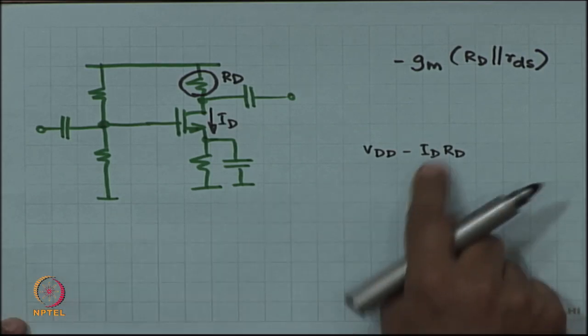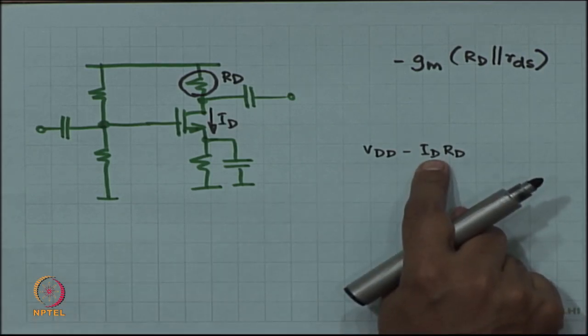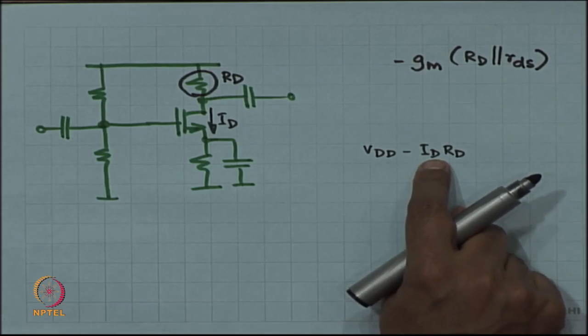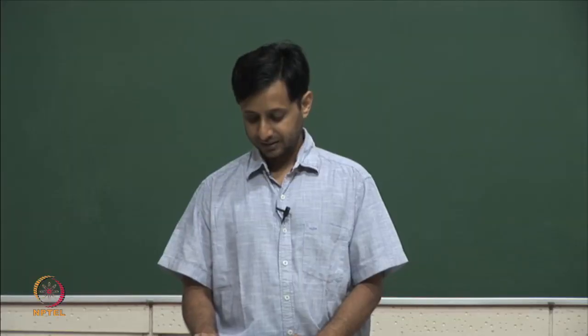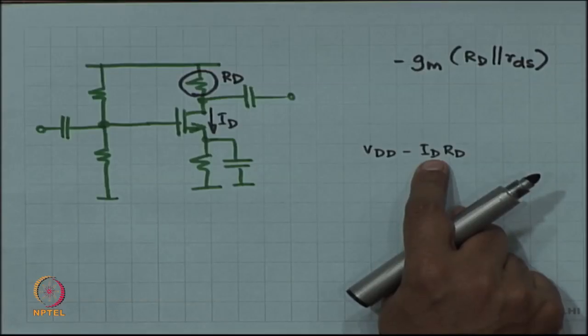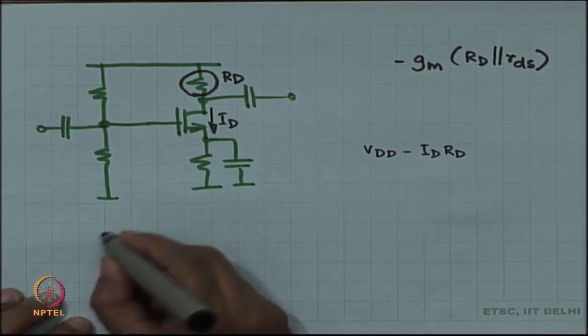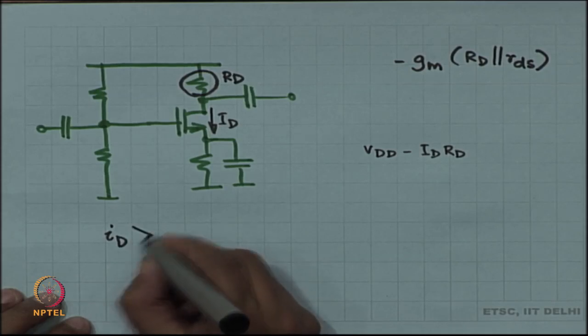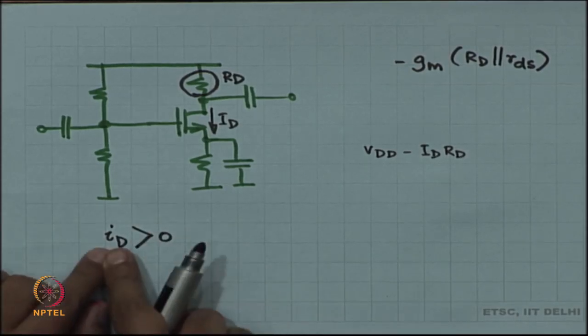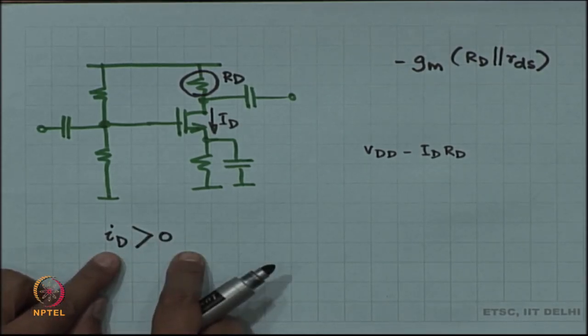If the current is capital ID, then the maximum signal current, assuming a sine wave, is also capital ID, right, because the total current can't go below 0, all right. At all times, small i sub D has to be greater than 0.